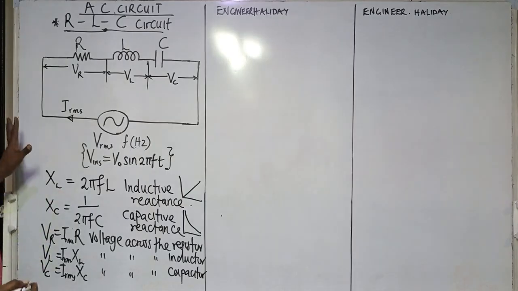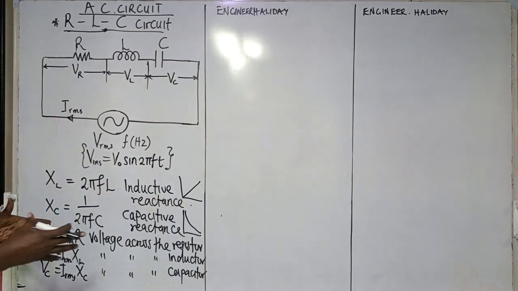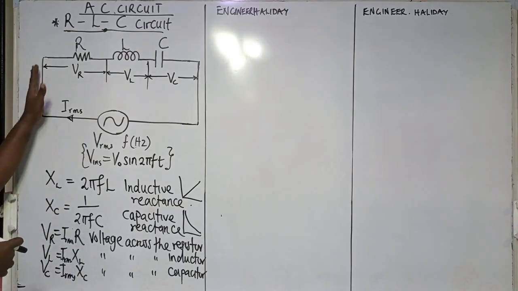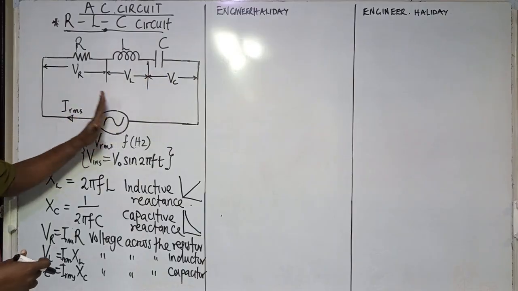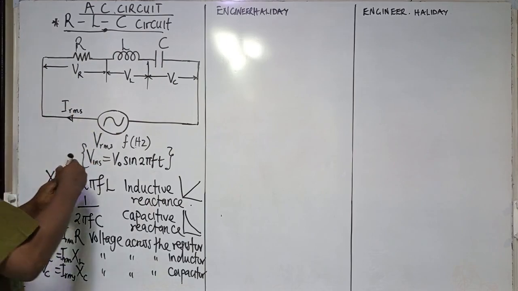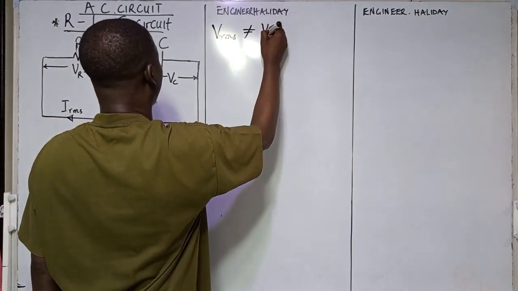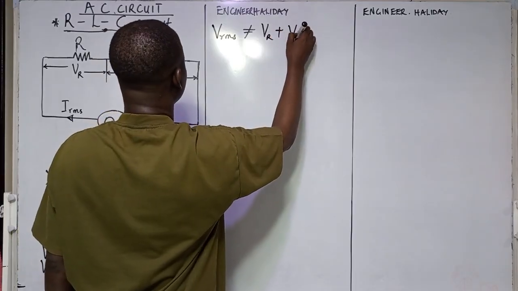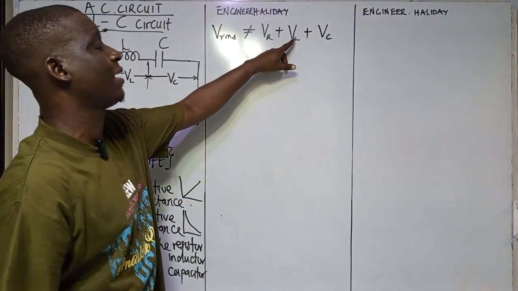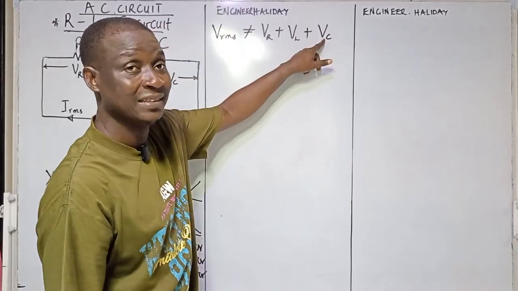Now, having known the three voltages across each of these components, let us go into the RLC circuit to comprehend it better. Don't forget, the VRMS is never equal to the sum of VR plus VL plus VC, because in one the current is lagging while in the other the current is leading.